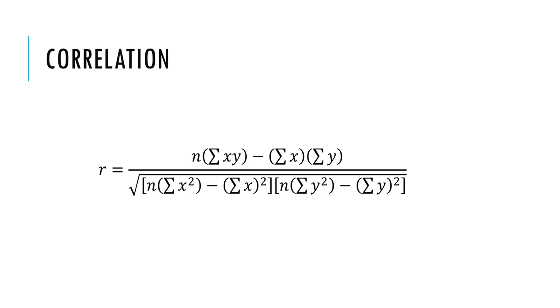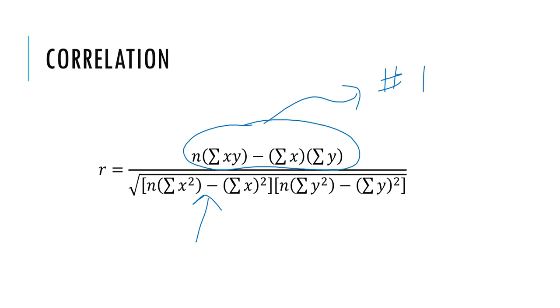The next step is to break it down into 3 sections. This section at the top, we're going to call number 1. This one at the bottom is going to be section number 2. And this one is going to be section number 3.